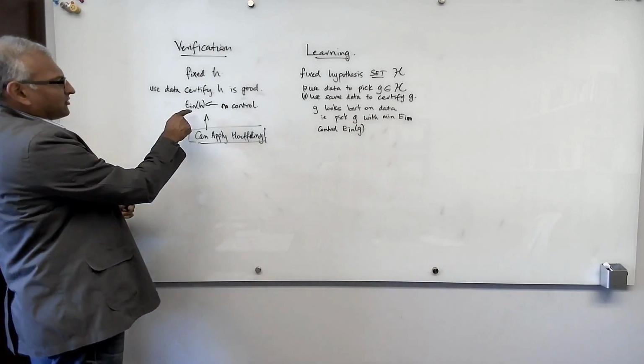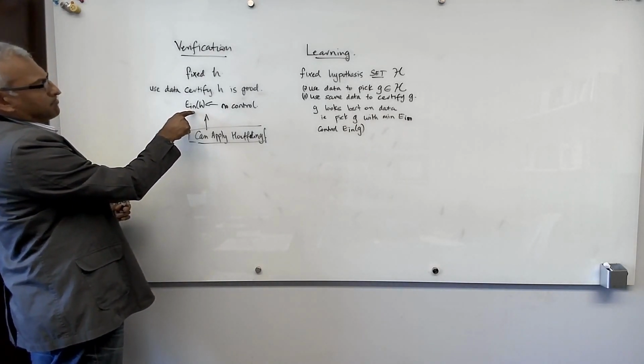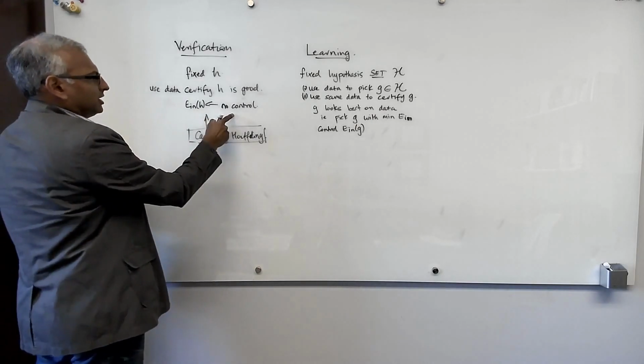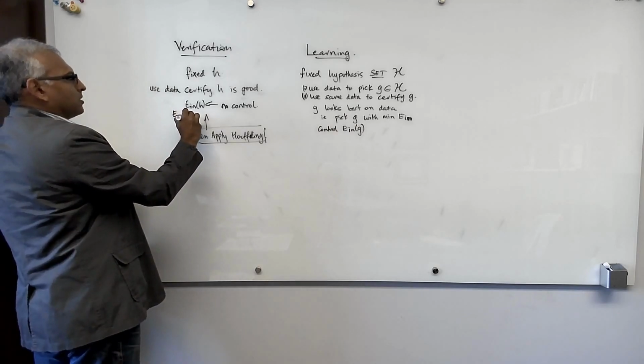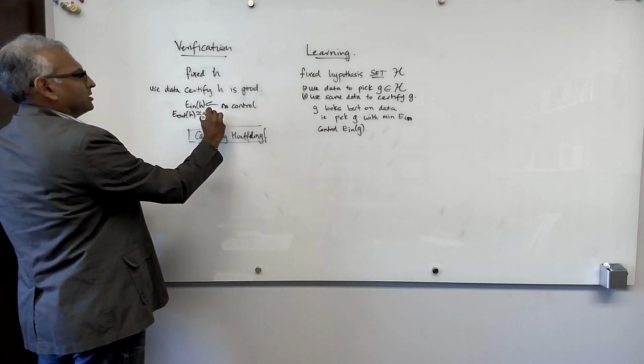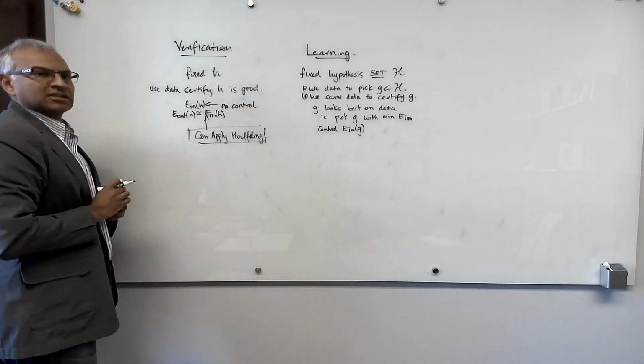So, when we certify H, we compute E in over which we have no control, and we say that E out of H is approximately E in of H. So that's the applying of Hoeffding in this scenario.